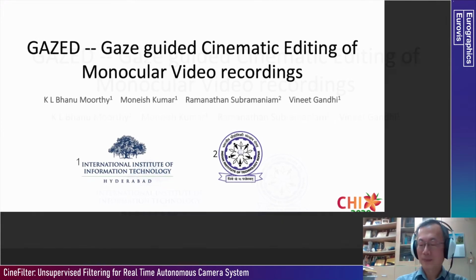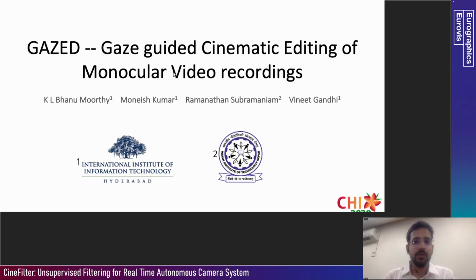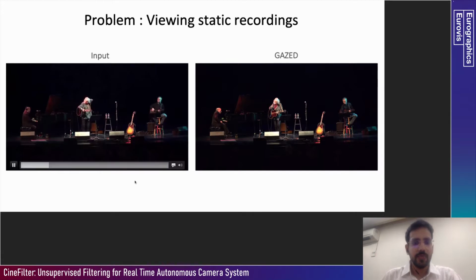So this is a new work, an invited paper. The paper is called Gaze Guided Cinematic Editing of Monocular Video Recording, recently published at CAI 2020. So what is the problem? Here is the input video on the left. This is a static recording with a static camera, just looking at the entire scene all the time.